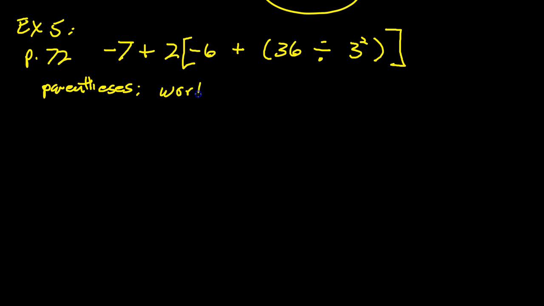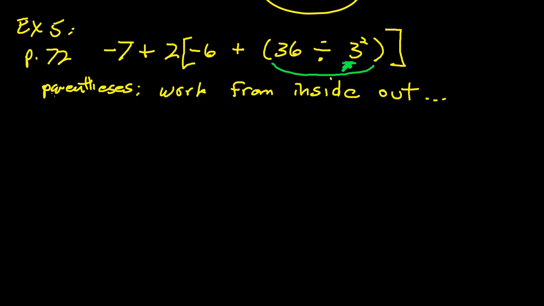Work from the inside out. Probably the best informal advice we can give. So really I want to go inside these most inner parentheses first, and looking in there, I see an exponent and a division, and of course the exponent always gets done before the division.